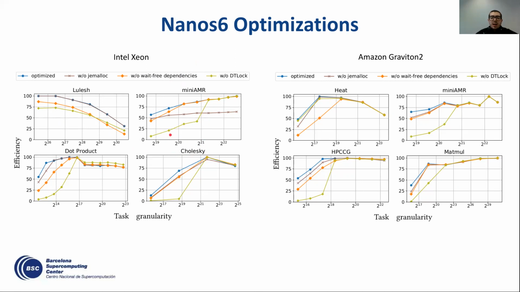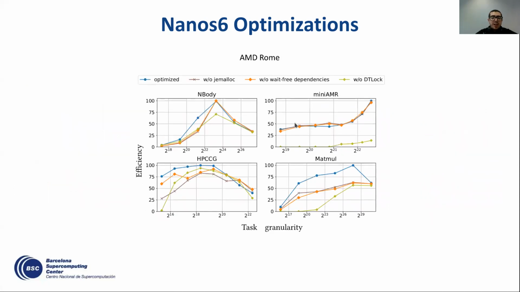There are other cases, for example, the HEAT on the ARM machine where the dependencies were the most important factor, or the miniAMR on the Intel Xeon, where the memory allocation plays a huge role as well. So it varies depending on the machine and the benchmark. These are the same results on AMD Rome, where it is interesting to see that with even more threads, some optimizations acquire even more importance.